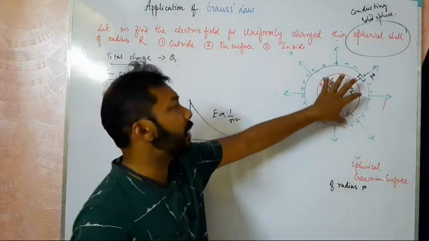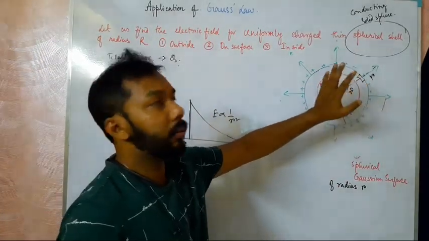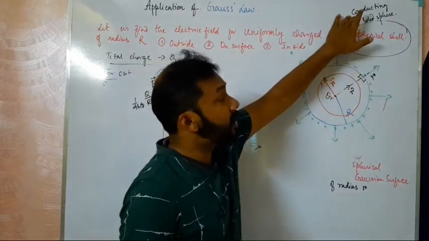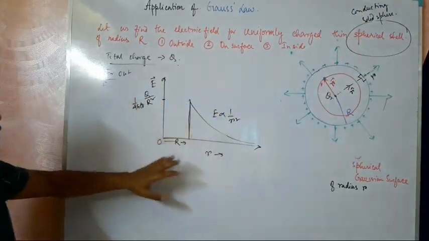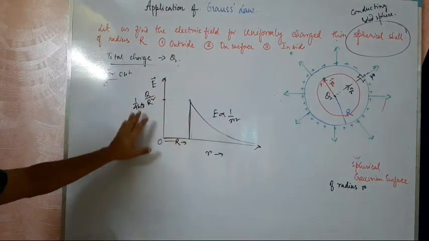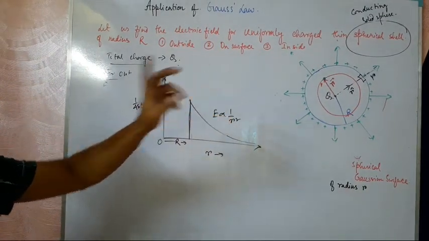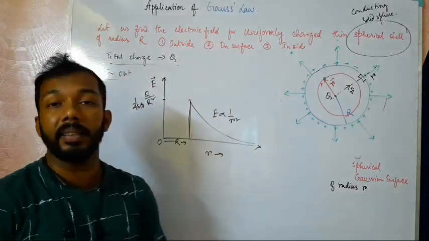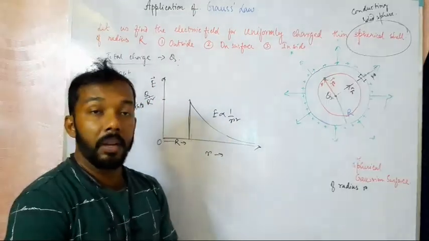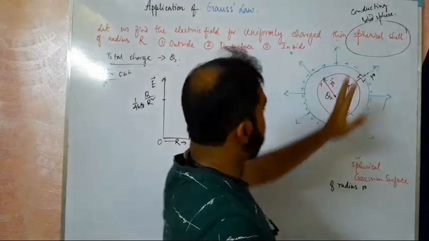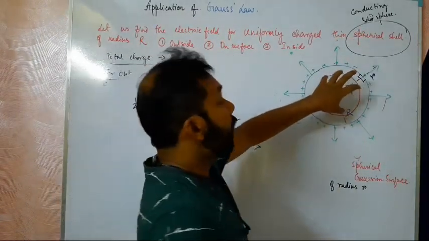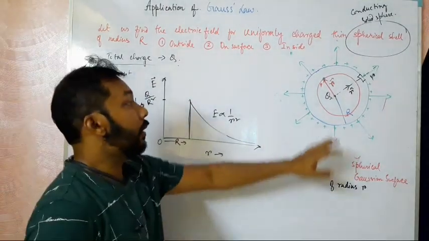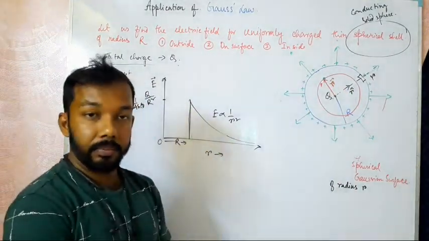So there will be no charge inside a solid conducting sphere. So for a solid conducting sphere, the variation of the electric field is just like that of the spherical shell. But that is not so for a non-conducting solid sphere. For a non-conducting solid sphere, there must be an electric field inside the sphere too, because here the charge stays.